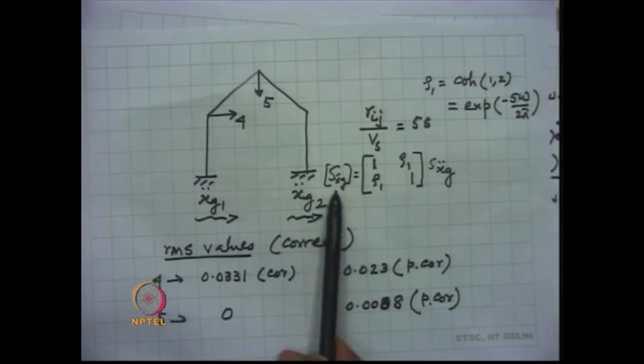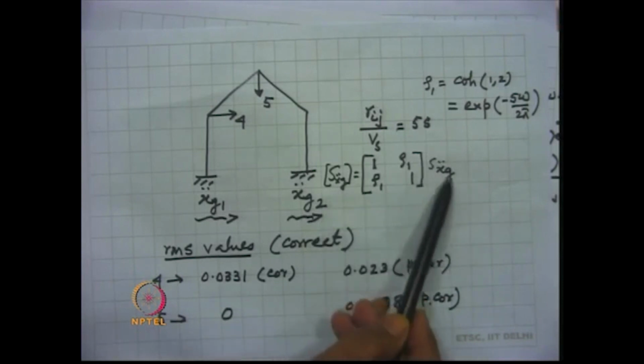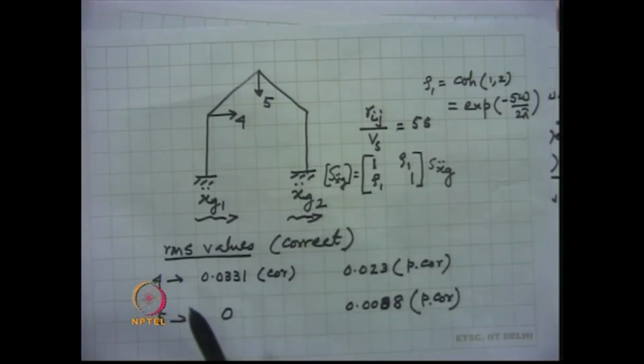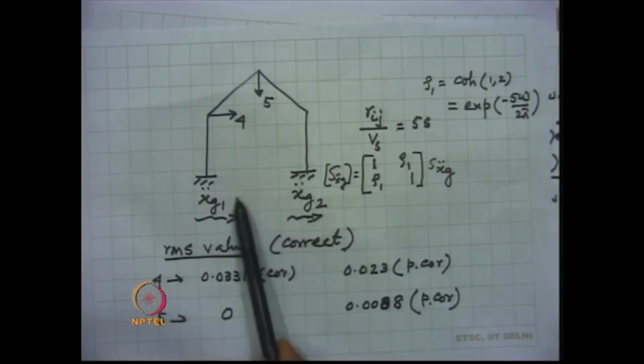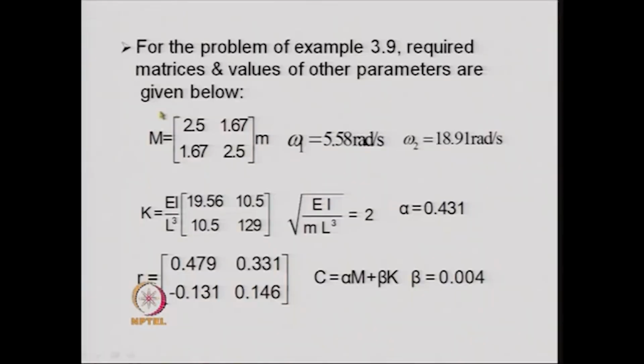Sx double dot g is again the power spectral density function of the El Centro earthquake that we have taken. With the properties of the pitch roof portal frame, the mass matrix defined as this and the K matrix defined as this, we obtain the two natural frequencies as 5.58 and 18.91.